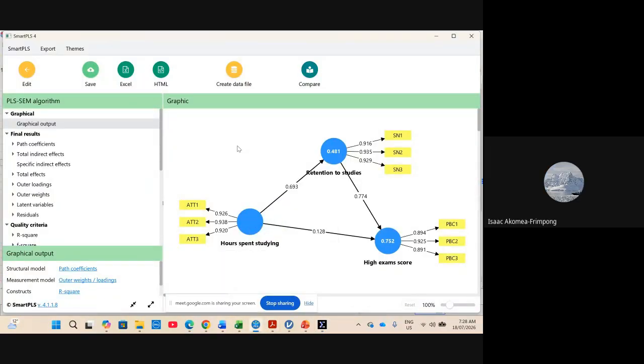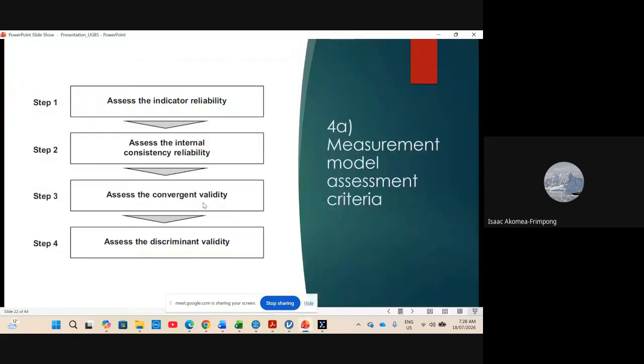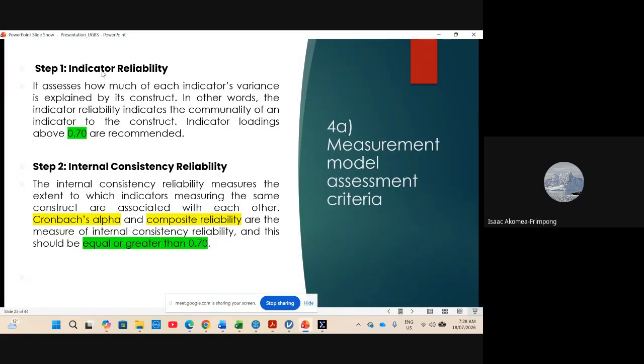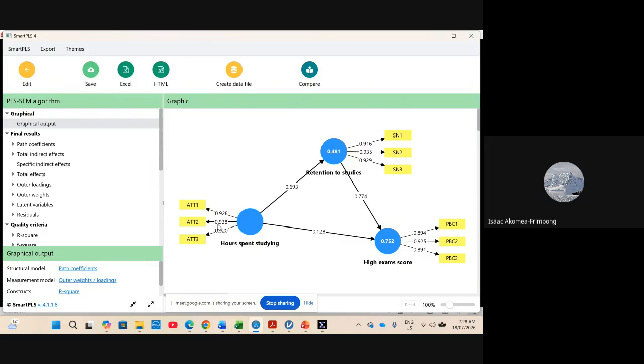The recommendation, according to what I have been teaching you, is that for your indicator reliability, if you get a factor loading which is less than 0.7, you are supposed to remove the indicator. You have to take it out. So imagine having many factor loadings which are less than 0.7.